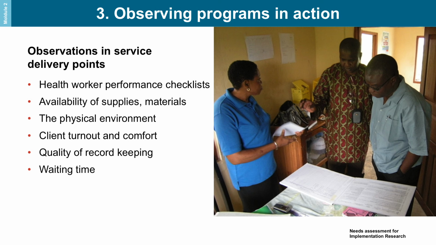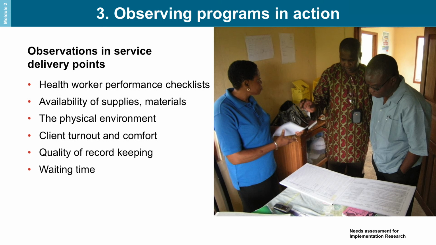Another useful source of data is to observe programs in action in real life. For example, observations in service delivery points, health worker performance checklists, and availability of supplies and materials, observations of the physical environment of the program facility, client turnout and comfort, quality of record keeping, waiting time.